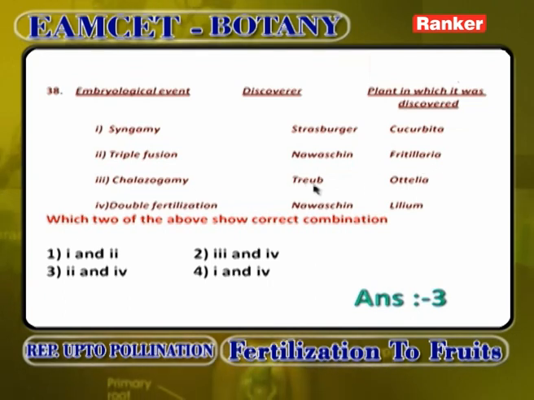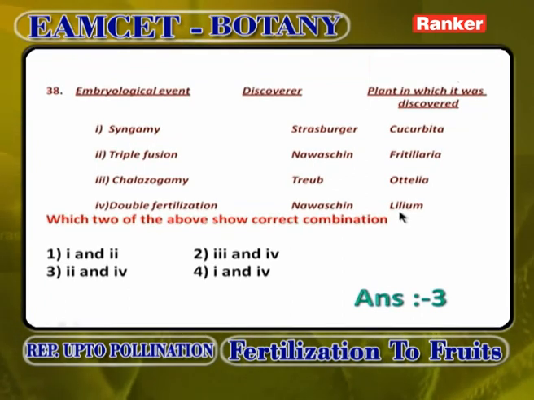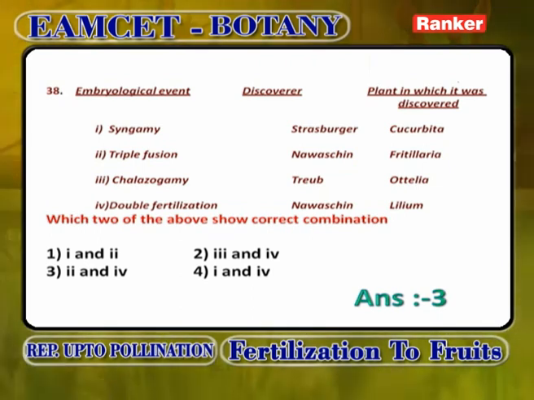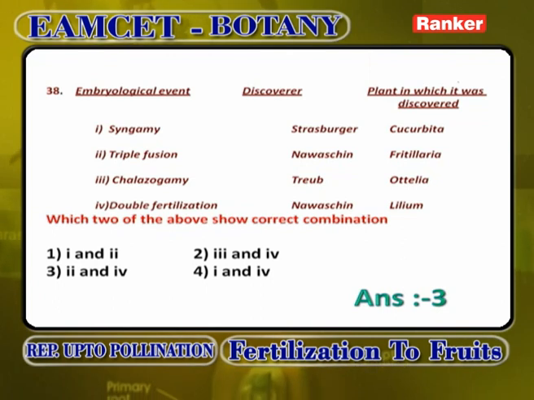Chalazogamy, Treub, Ottelia is wrong; chalazogamy by Treub was discovered in Casuarina. Double fertilization, Nawaschin, Lilium is correct. So, answer is 2 and 4.